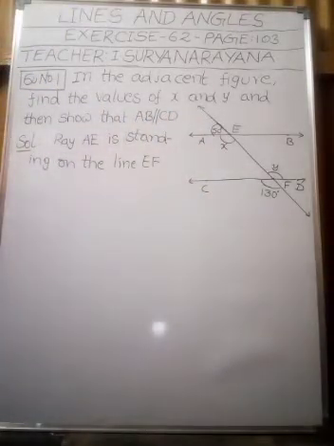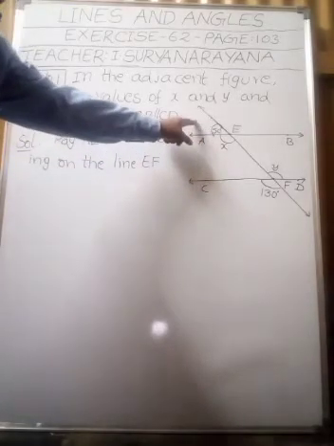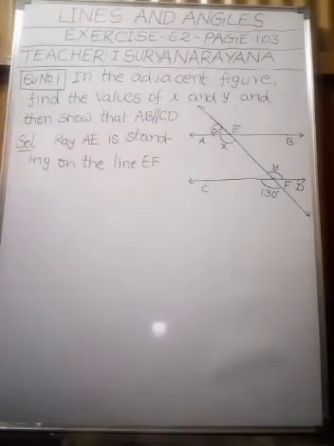Understood this line, my children? Then what can you say about these two angles? Yes, these two angles form a linear pair.